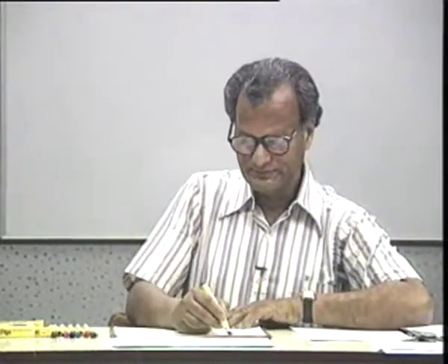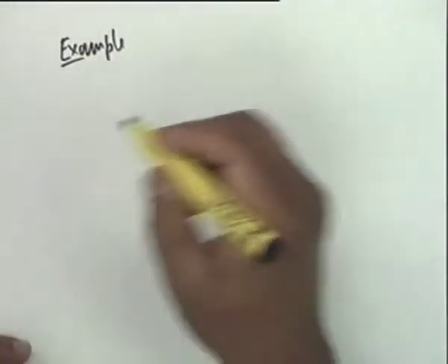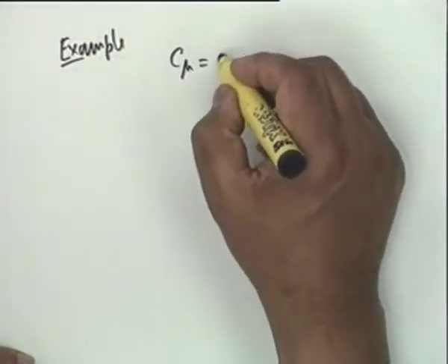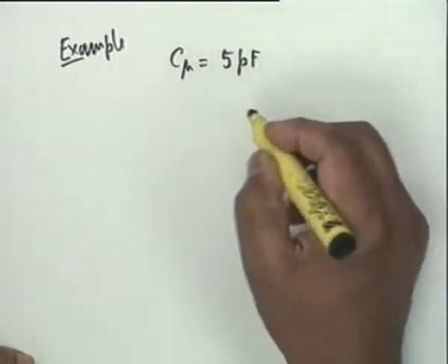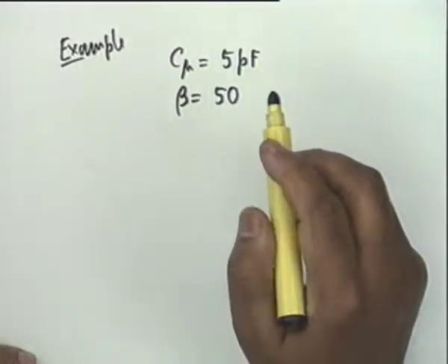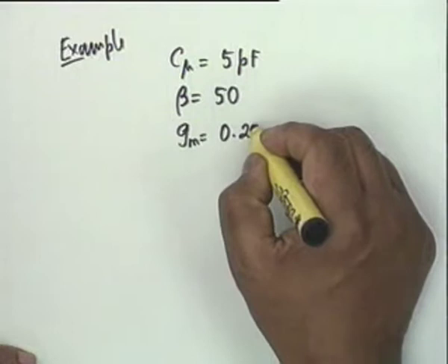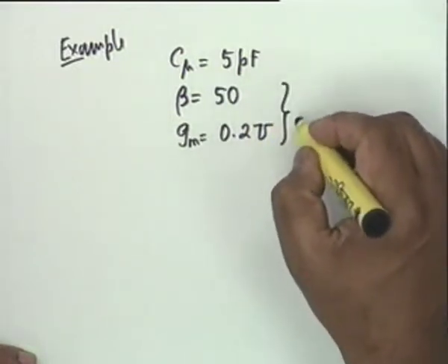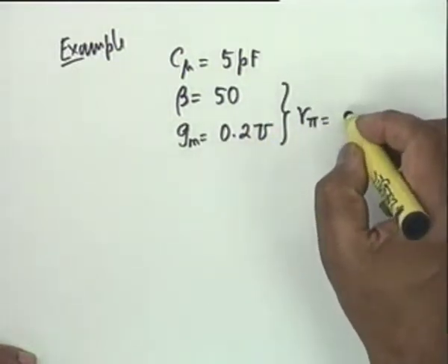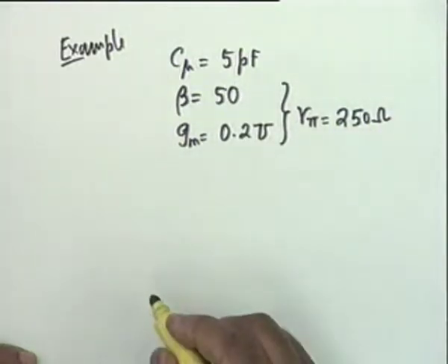Suppose it is given that C mu equals 5 pF, beta equals 50, a rather low beta, GM is equal to 0.2 mho, which means that R pi is equal to 250 ohm, isn't that right?